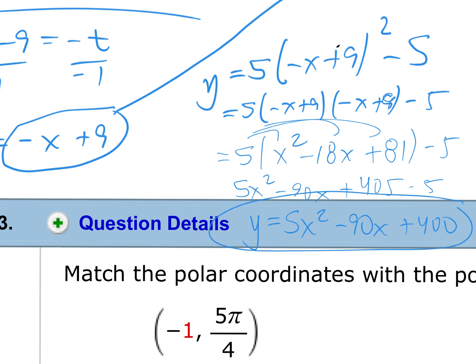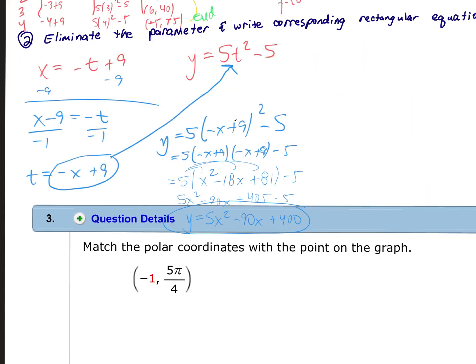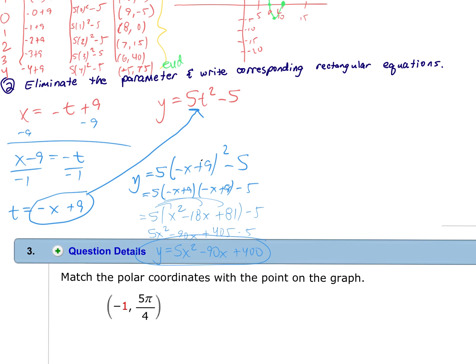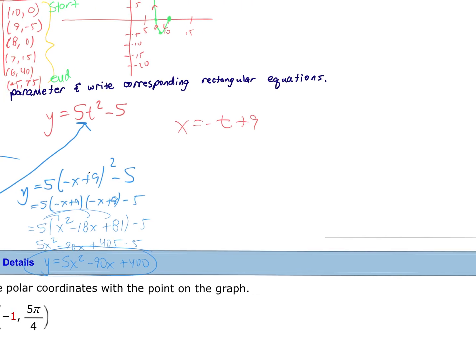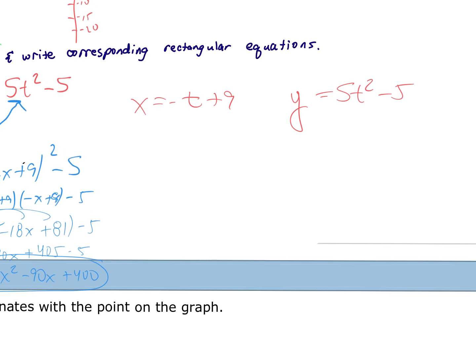A lot of you lost 4 or 5 points because you distributed the 5 first. That's algebraically not correct. Now, if you went the other way, if you said, well, wait a second, I wanted to take x equals negative t plus 9 and y equals 5t squared minus 5, and you wanted to solve your y equation for t, you could do that.